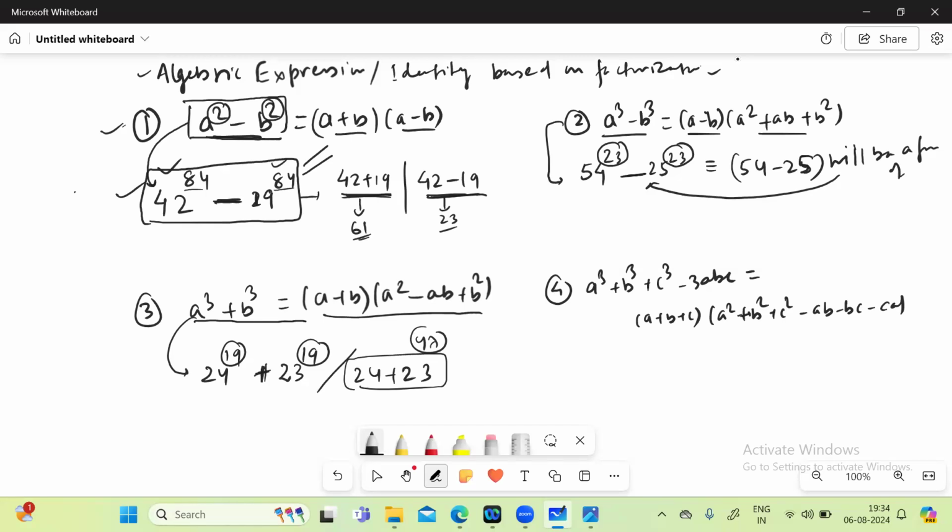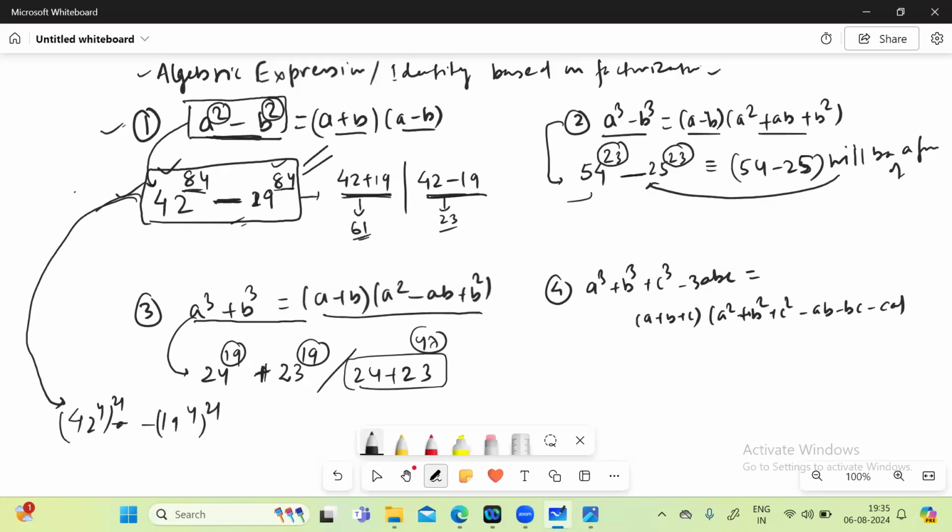And in some cases, where you have even power and minus sign, you can convert this into this. So I can also write 42 to the power 4 minus 19 to the power 4, with a power of 21 on each.